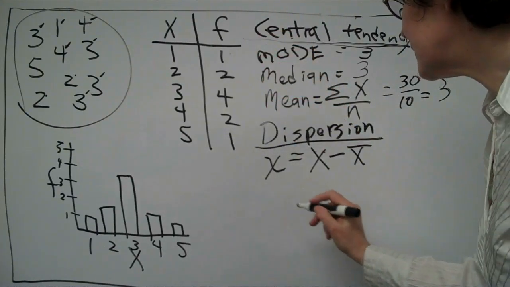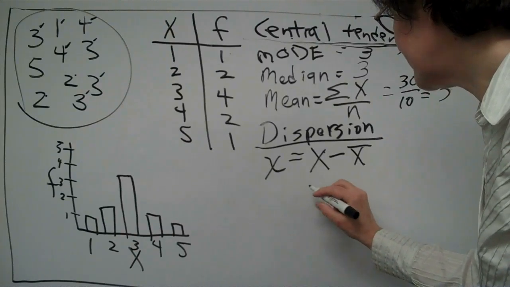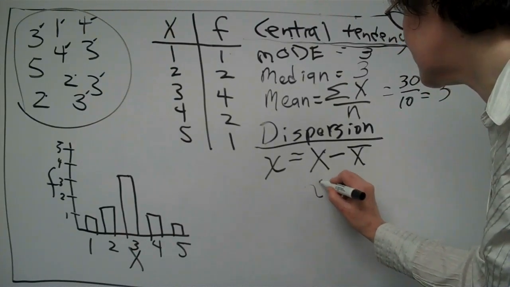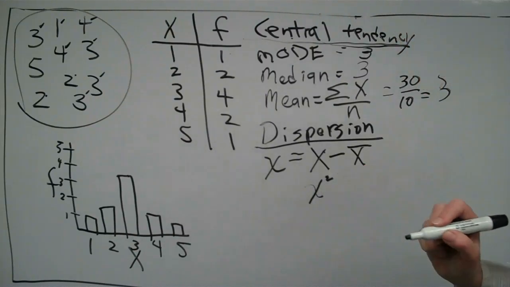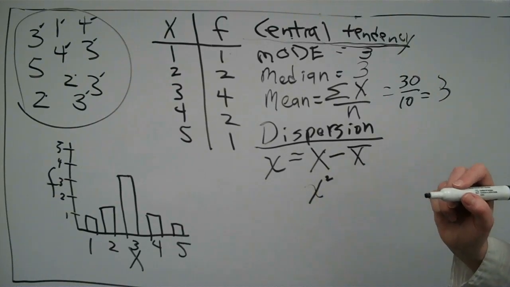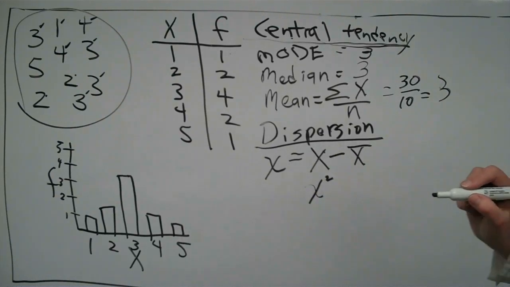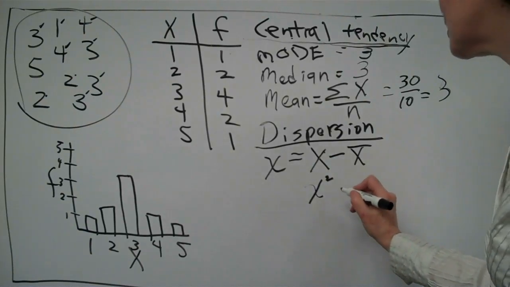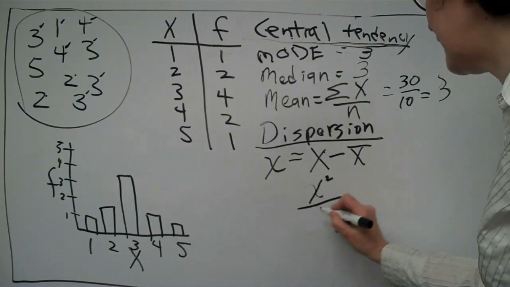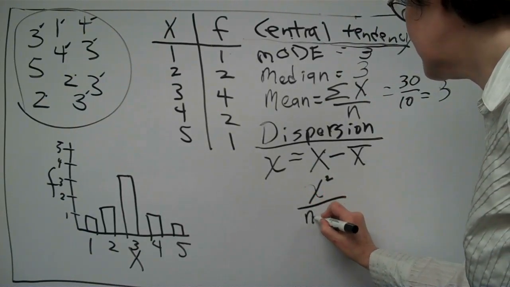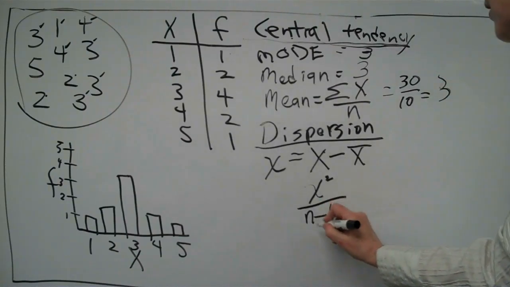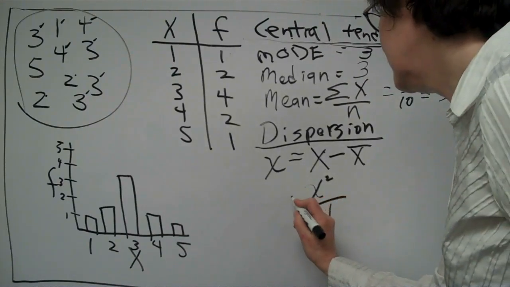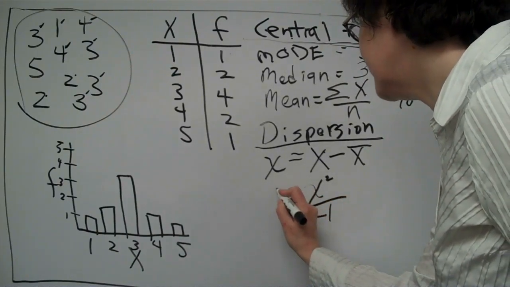So in order to solve that problem, statisticians said, let's just square it, because if you take a minus 2 times a minus 2, you get a plus 4. So the deviation scores squared divided by not the entire number, but n minus 1, this is called a correction for sampling error, is what is equal to the variance.